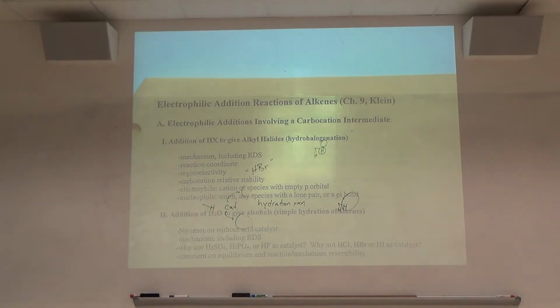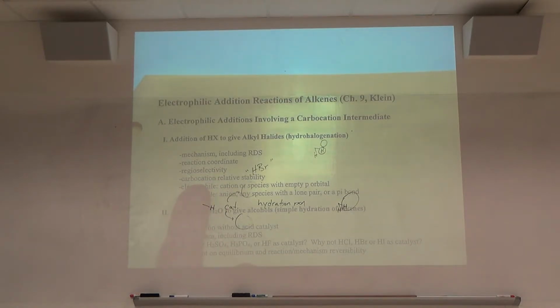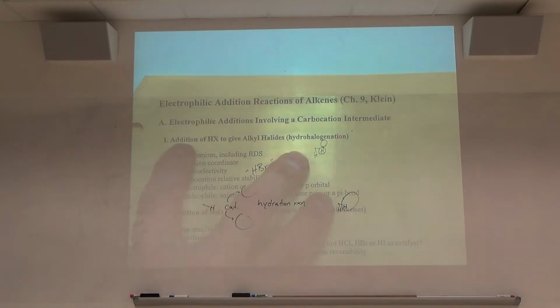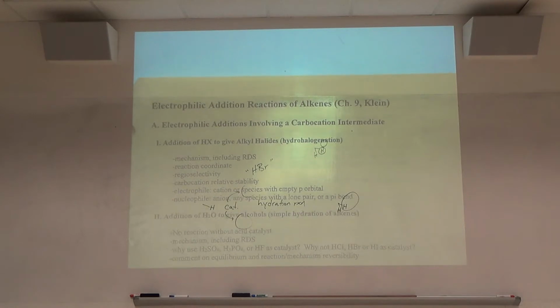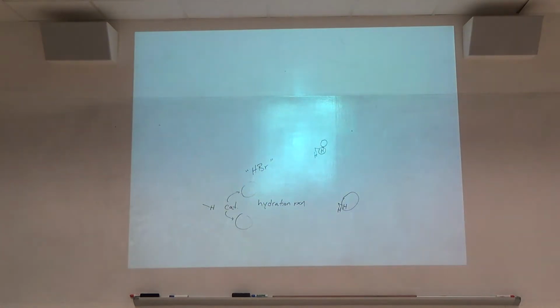Terminology: we're doing a hydrohalogenation reaction, also known as addition of HX. These are things we will cover. I'm not going to refer to this outline, but ultimately that's what I'm following. Keep it handy. I'll be looking at it to make sure I'm hitting what I need to be hitting.